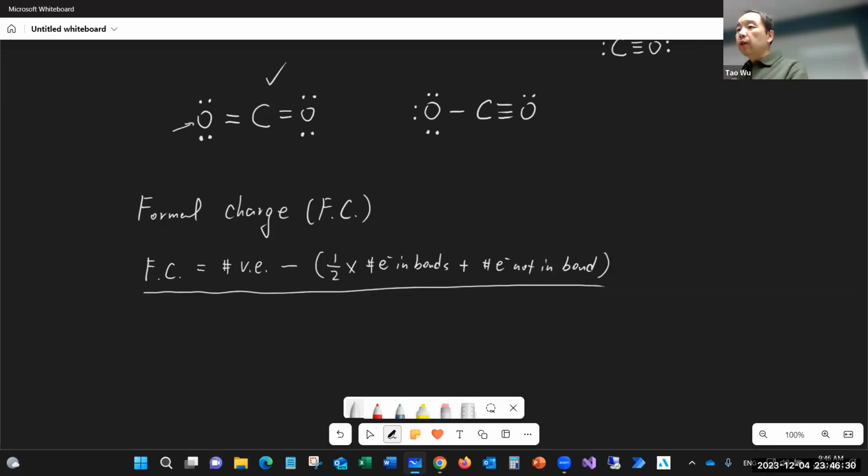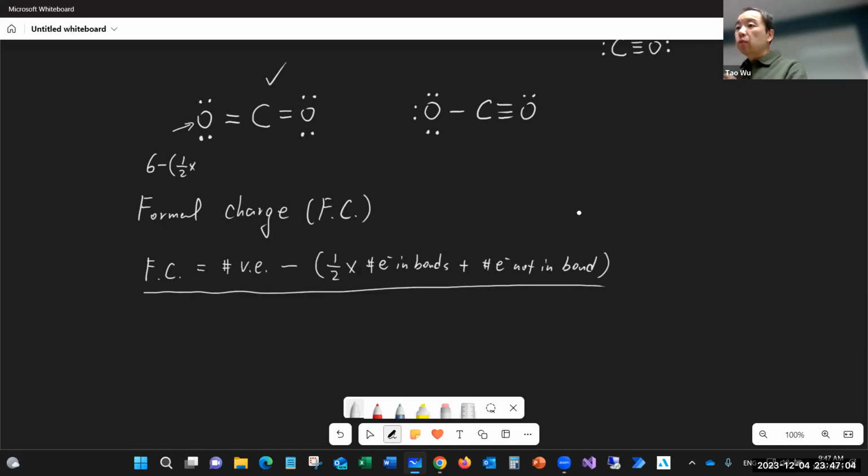If we want to figure out the formal charge for the oxygen on the left side, let's calculate based on this. First, this is oxygen, and the number of valence electrons for oxygen is 6. So you have 6, subtract 1/2 of the number of electrons in bonds. The oxygen connects with a double bond. How many electrons in the double bond? 4, right?